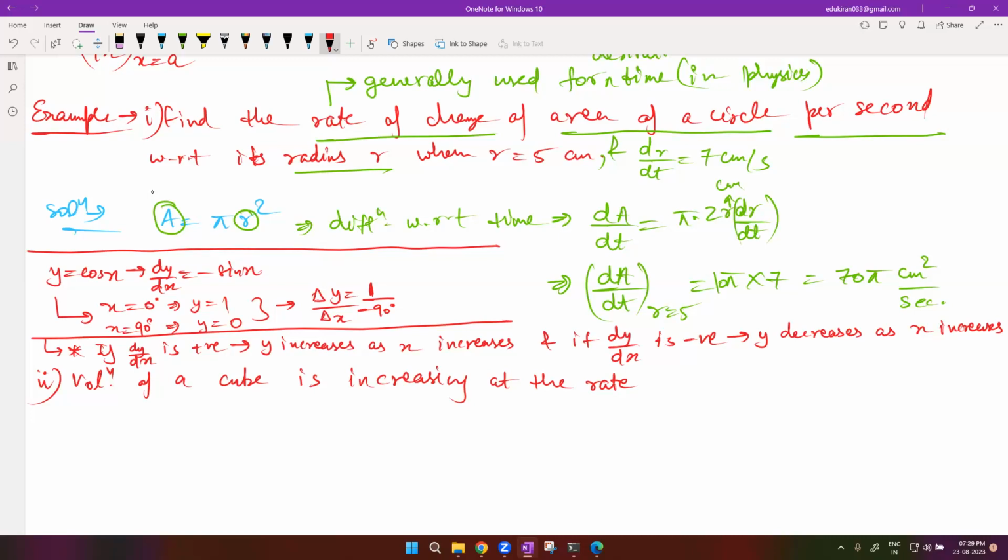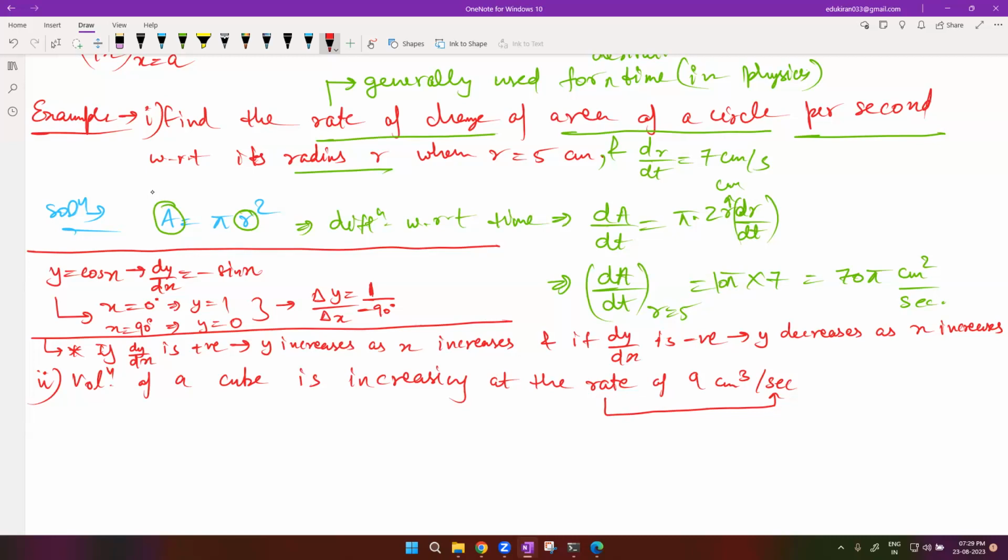Increasing at a rate of 9 cubic centimeters, 9 centimeter cube per second. Right? So you will also have to notice the units every time whenever rate is used. In this case, the unit is second, which basically amplifies the belief that rate is used for time.